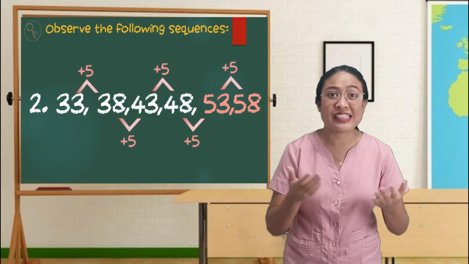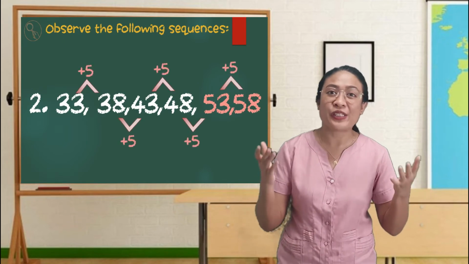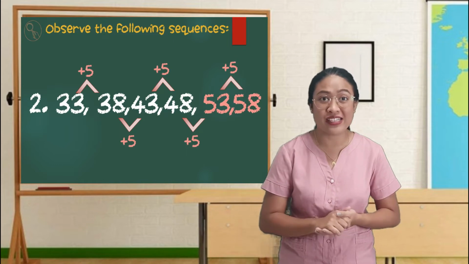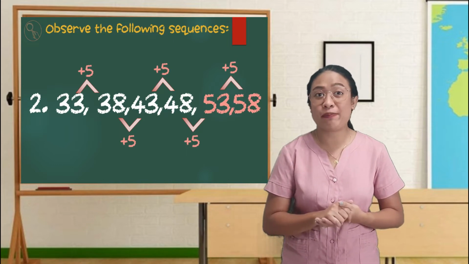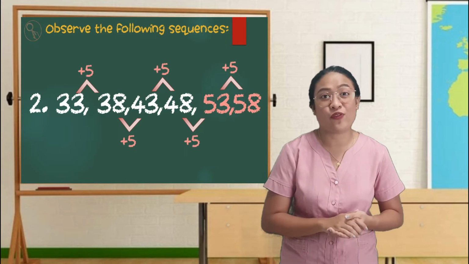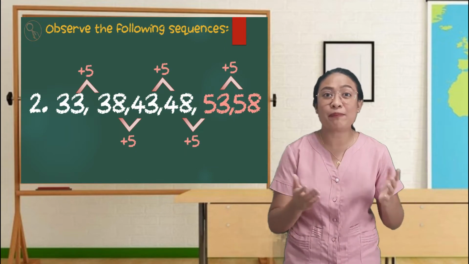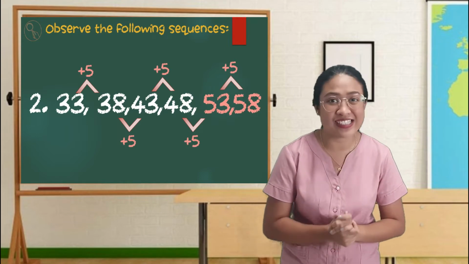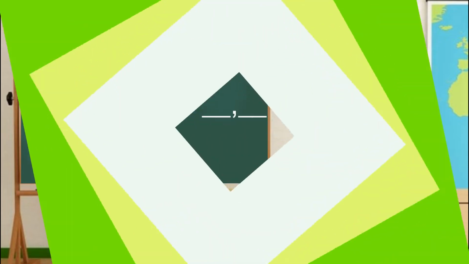Because 5 is added to the preceding term to get the next term. 33 plus 5 is equal to 38. 38 plus 5 is 43. 43 plus 5 is 48. And 48 plus 5 is equal to 53. 53 plus 5 is equal to 58.